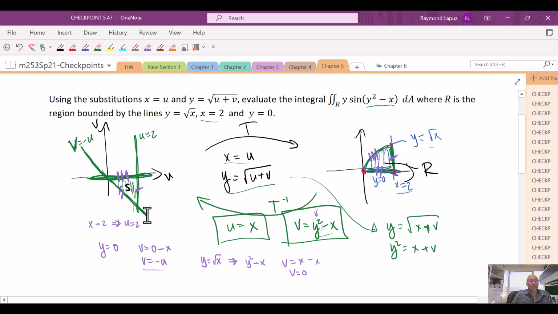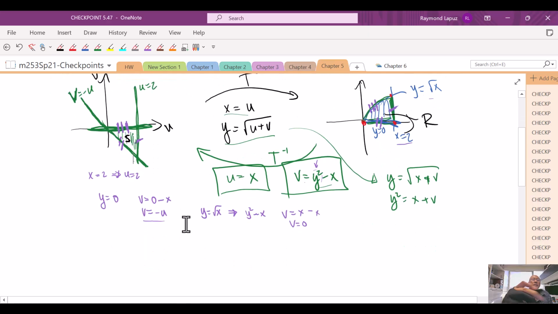We can attack this region as a type 1 or type 2 region. I think doing this as a type 2 or type 1 region would be a little bit easier because you will have a 0 for one of those components. So if we do this as a type 1 region, we're going to integrate with respect to the horizontal axis or the vertical axis first, and we draw a line parallel to that axis.